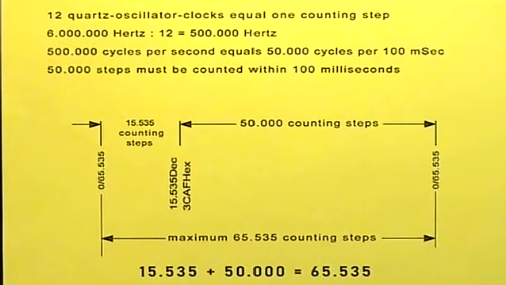Due to the internal structure of the AT89S52 microcontroller, 12 oscillator cycles are required for the timer T0 counter to advance by one counting step.